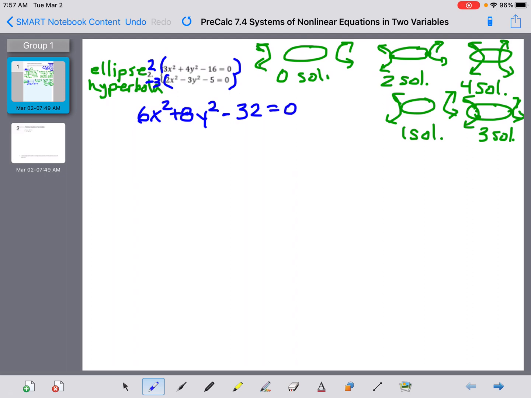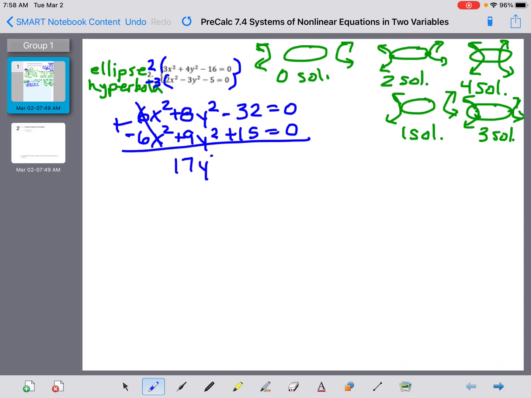The bottom equation, when I multiply by -3, I'll get -6x squared, positive 9y squared, positive 15 equals 0. All right, add my 2 equations, my x squareds cancel. I get 17y squared minus 17 equals 0. That's a good sign for me.